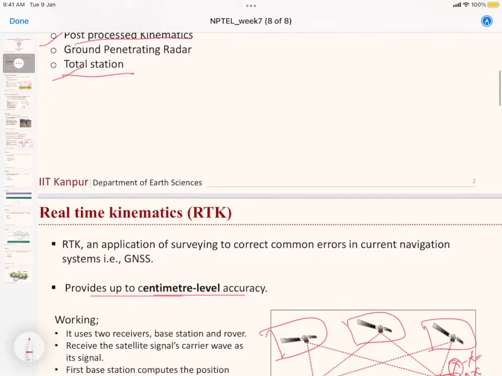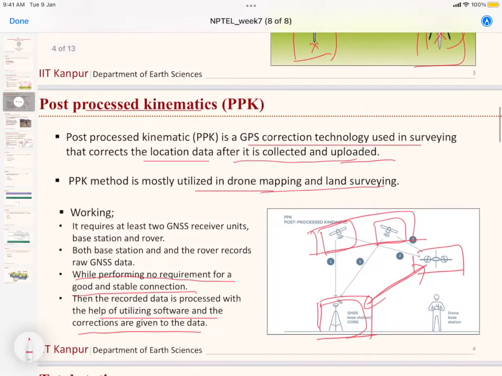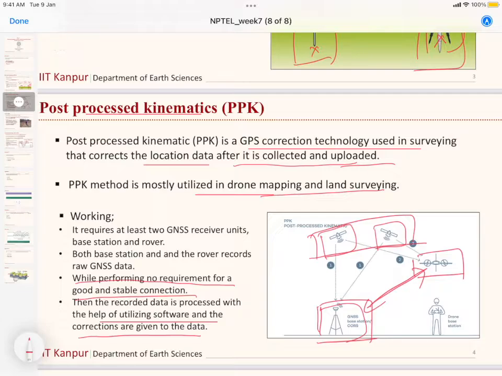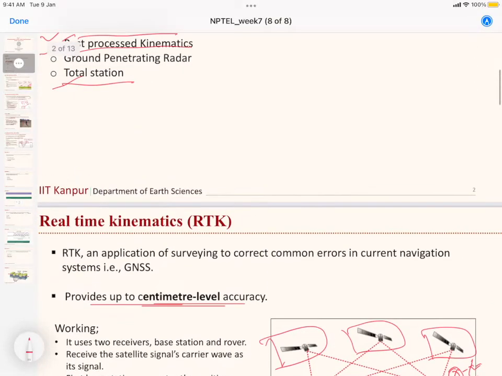Well, just now we have discussed that real time has an accuracy at centimeter level scale. This PPK also has an accuracy at centimeter level, but the total station has an accuracy in millimeter scale. So what would be the better choice for mapping the height of the fault scarp?